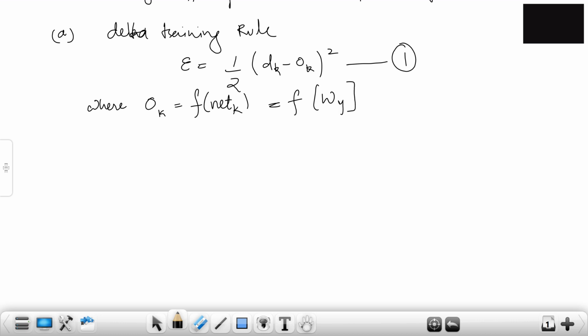Now I'm going to calculate the gradient vector of error.